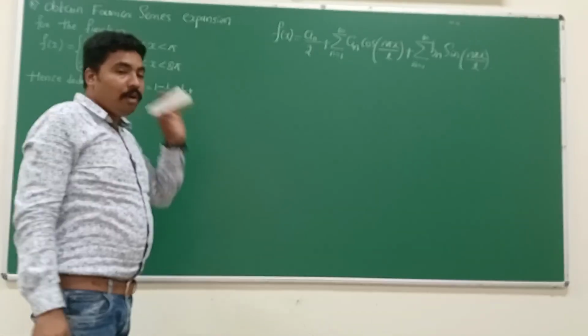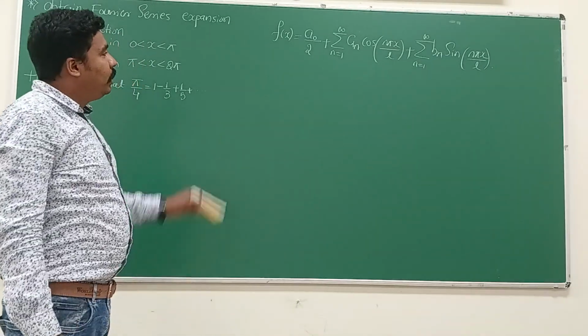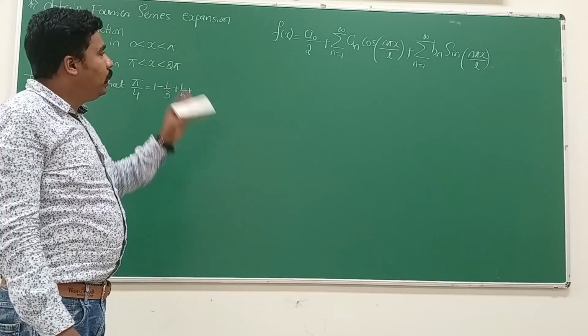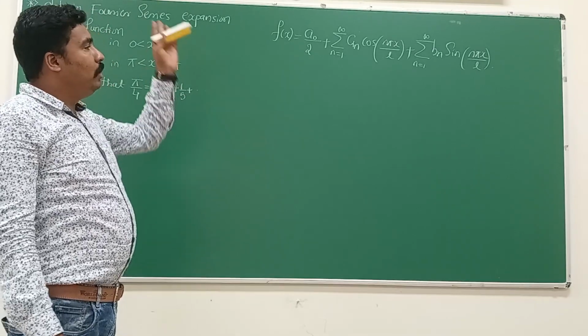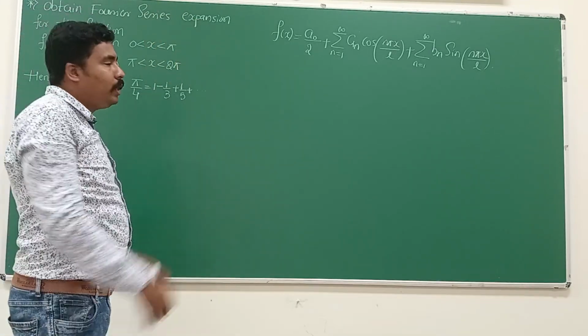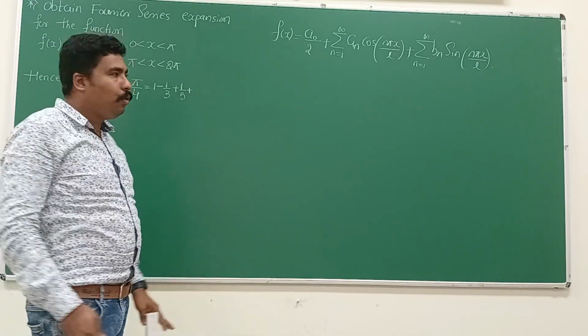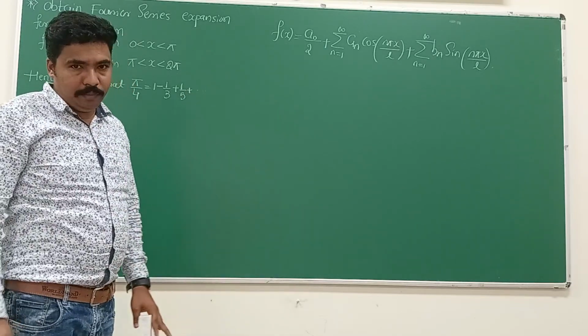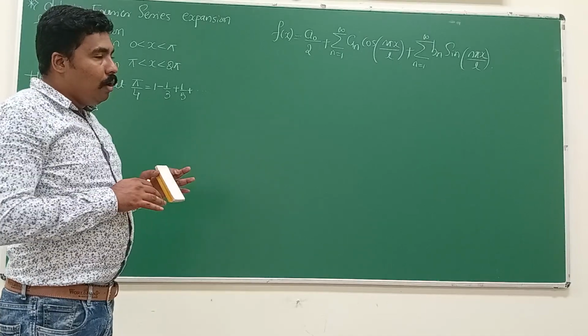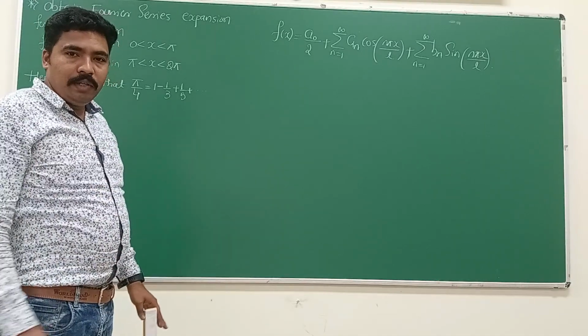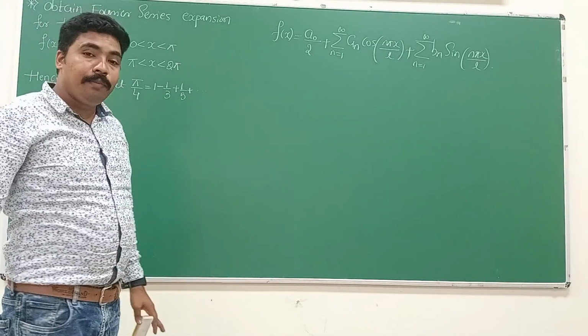We find the a0, an and bn values without applying the even odd concept, so it sometimes becomes tedious. Now, how do we find out even odd functions and operate the Fourier series for them?